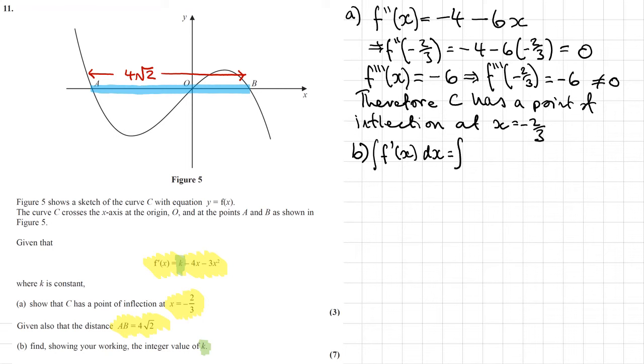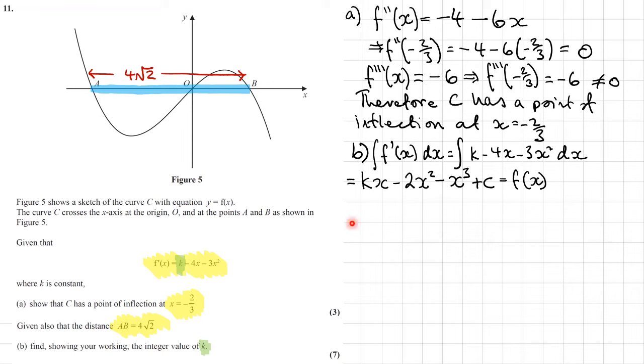So we're integrating k minus 4x minus 3x squared dx. That will give us kx, then minus 2x squared, and then minus x cubed plus c. So that's our f of x.